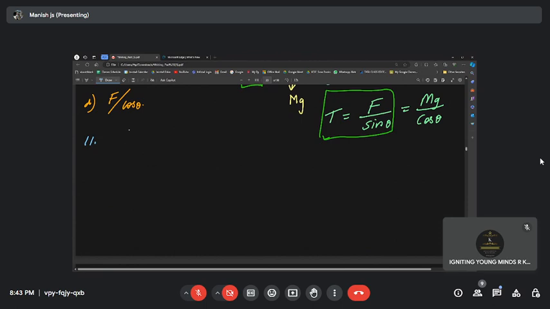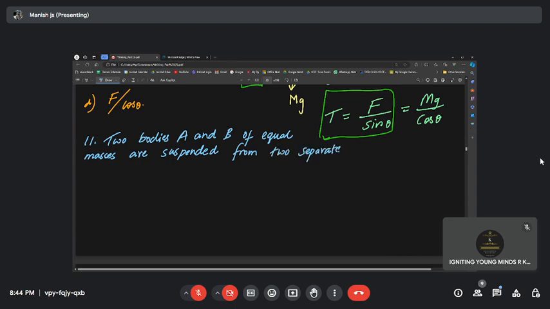Two bodies, A and B, of equal masses are suspended from two separate massless springs of constant K1 and K2.